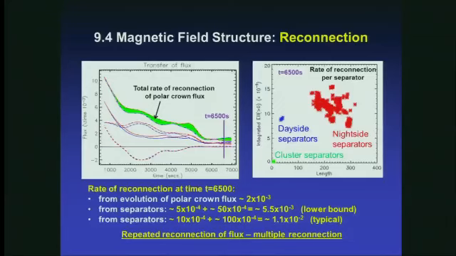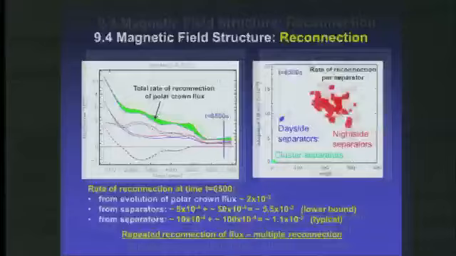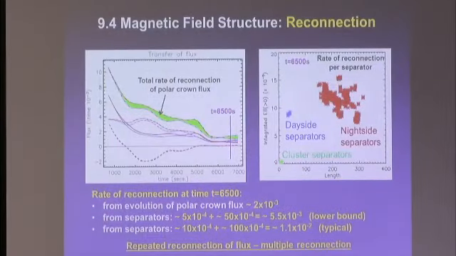Now, the way we've calculated the reconnection, or the change of flux in time here, is through looking at the surface of the Earth. Well, I keep saying Sun. At one particular time, this comes out to be about 2 times 10 to the minus 3. But if you look at the rate of reconnection from the separators, then you find much higher estimates.